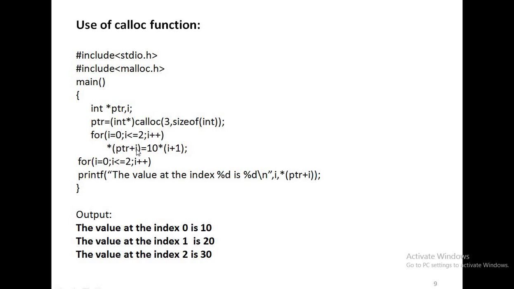So the array pointed to by ptr will have values 10, 20, 30. This will be printed by this also, right? So asterisk means the value at the address contained in ptr. So ptr has the first element's address, then ptr+1 will be the second element's address, ptr+2 the third element's address.